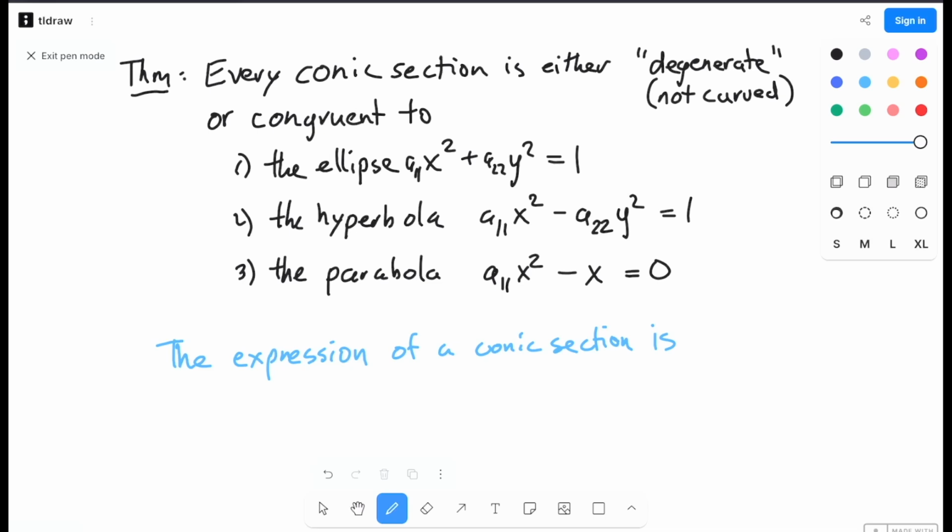So this algebraic expression in the x's and the y's can be written in matrix notation.